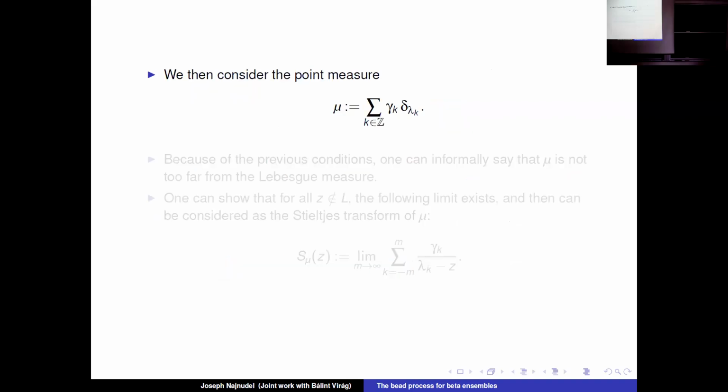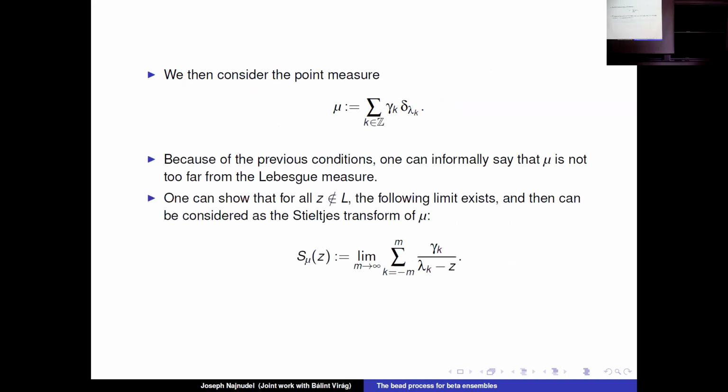And now we consider an infinite measure. So we put Dirac masses at lambda k, with weights gamma k, and the lambdas and the gammas satisfy the same condition as before.